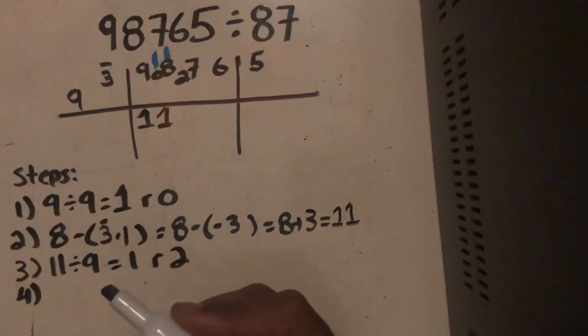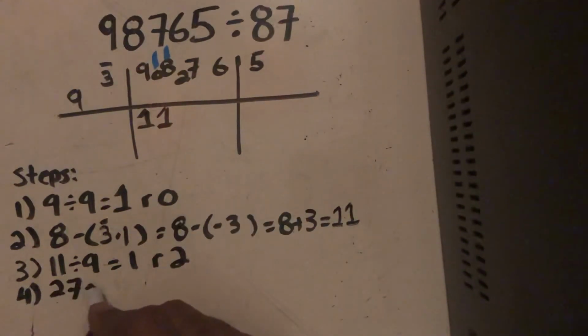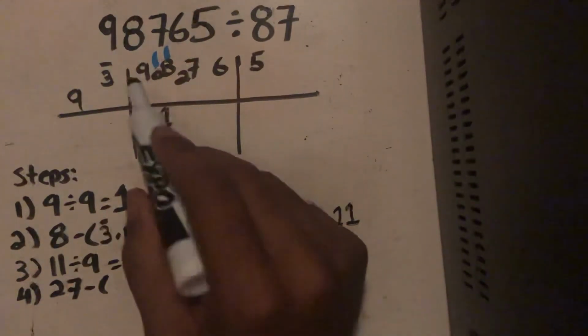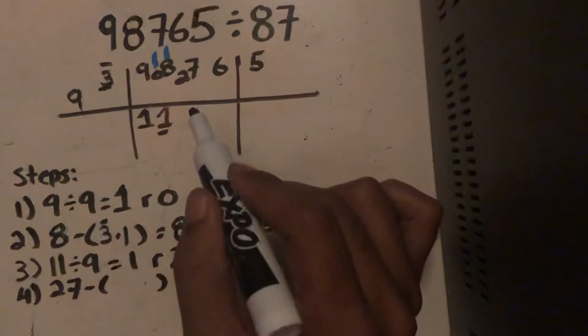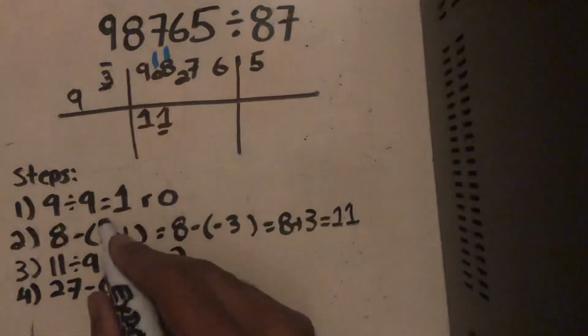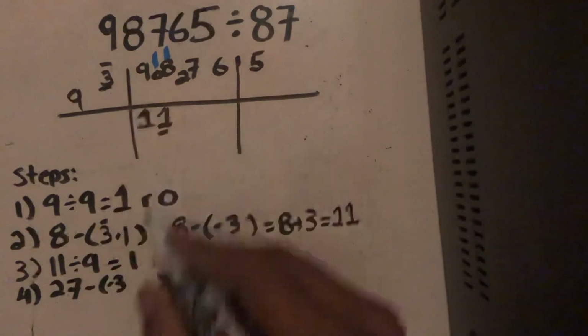Step 4 is going to be, I make the adjustment. I take my 27 minus, I'm going to take my 3 and multiply by the recent quotient figure, which happens to be 1 also. So I can put a bar on top, or I can just write it like this, negative 3, it's still a negative, times 1.